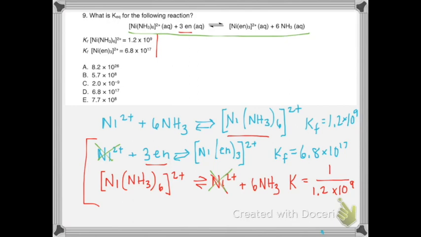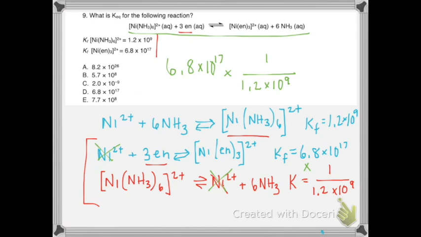So when we need to combine K's, do we add them? Nope. Do we subtract them? Nope. Do we multiply them? Yeah. So we'll just have to multiply these two together. So we'll have 6.8 times 10 to the 17th times 1 over 1.2 times 10 to the 9th.